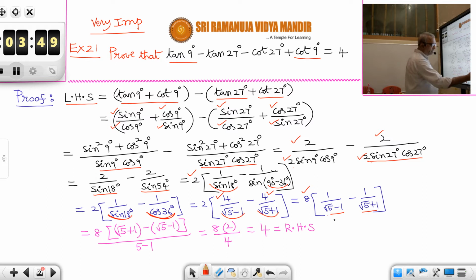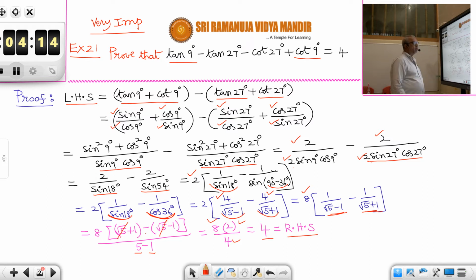LCM is root 5 minus 1 into root 5 plus 1, that is a square minus b square, 5 minus 1. In the numerator you will get root 5 plus 1 minus, in the bracket you get root 5 minus 1. Root 5 gets cancelled. So, 1 plus 1, 2. So, 8 into 2 in the numerator, denominator 5 minus 1, 4. 16 by 4 is 4, that is the RHS.